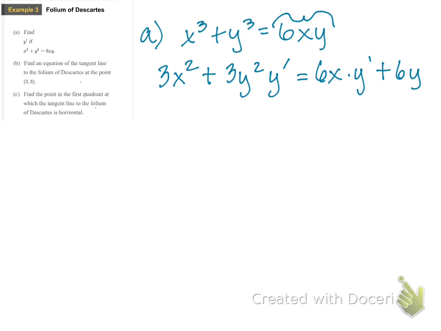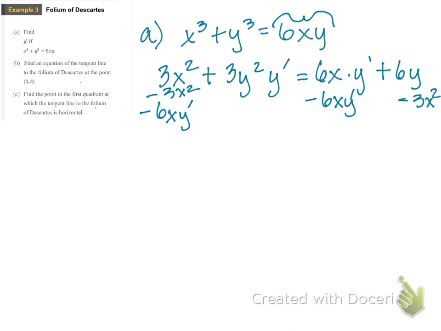And then our instructions here say find y prime. So now you have this big equation. We want to move everything that has y prime to the left and everything that doesn't to the right. So we're going to push this 6xy prime over here, and we're going to move this 3x squared over here.